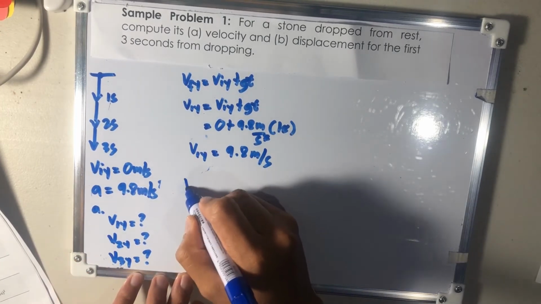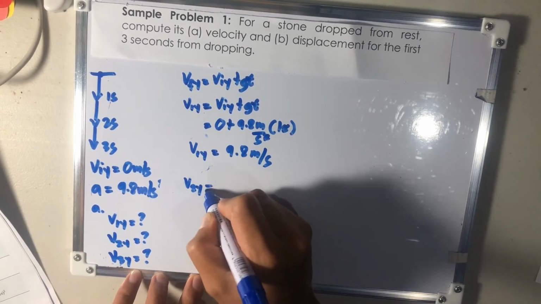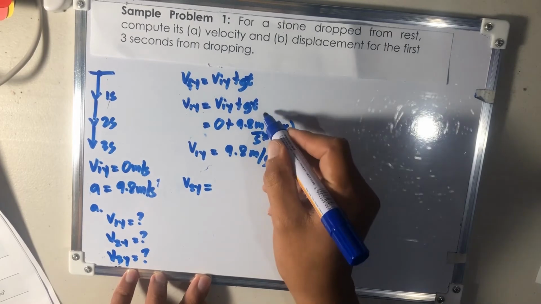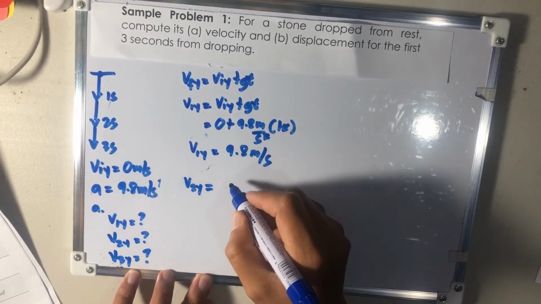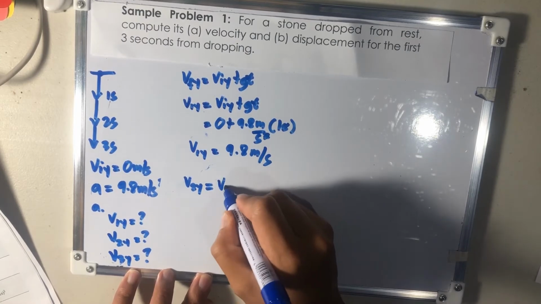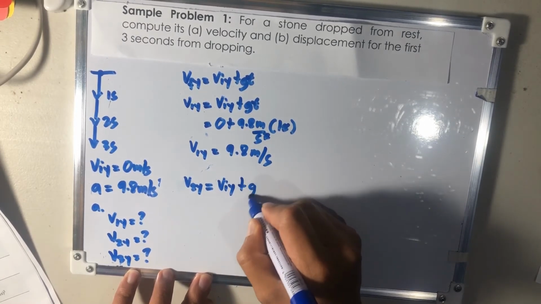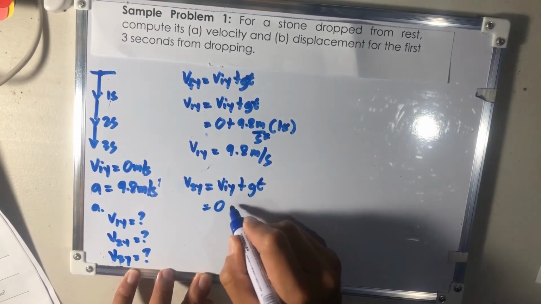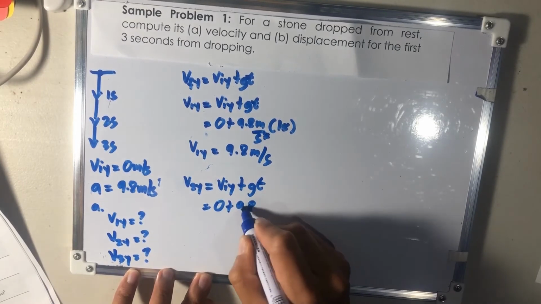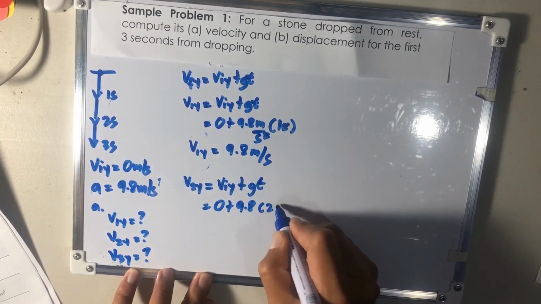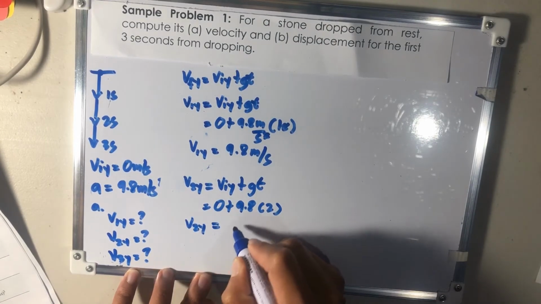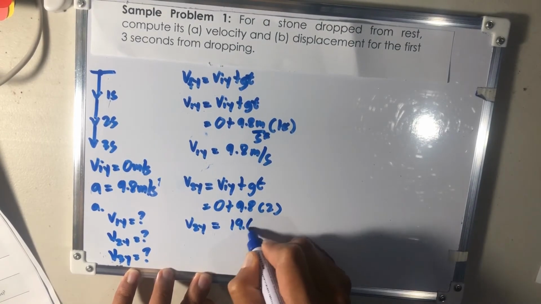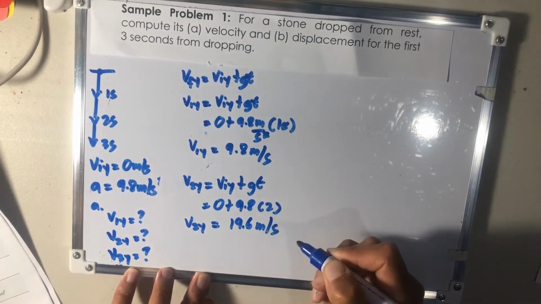Then for the velocity after 2 seconds, we will substitute t. Instead of 1 second, we will use 2 seconds. So this is Viy plus Gt, still 0 plus 9.8 multiplied by 2. That will give you V2y equivalent to 19.6 meter per second.